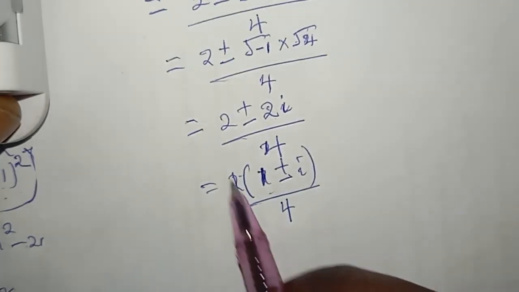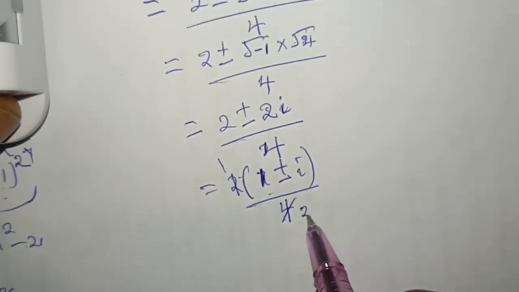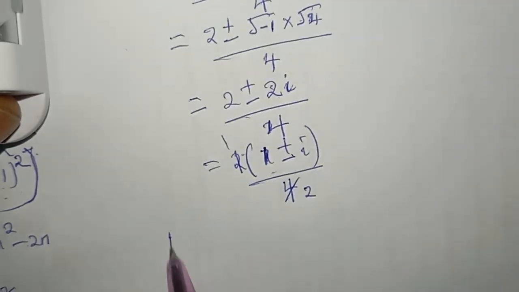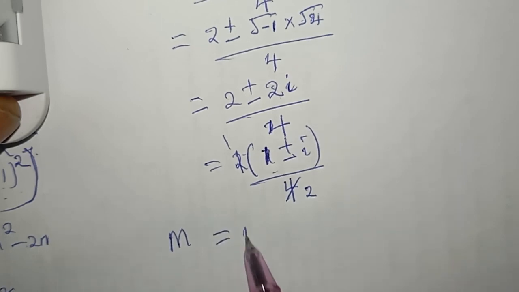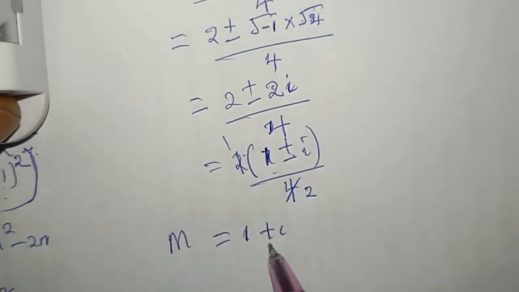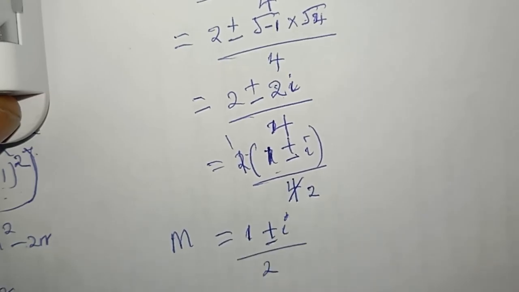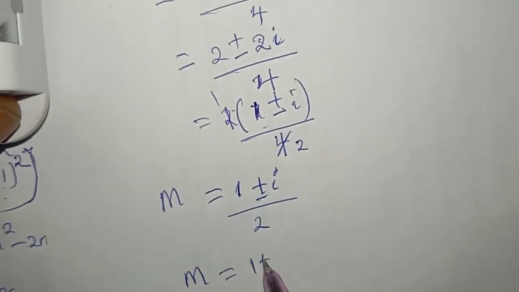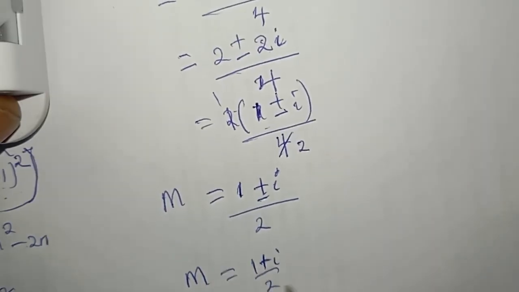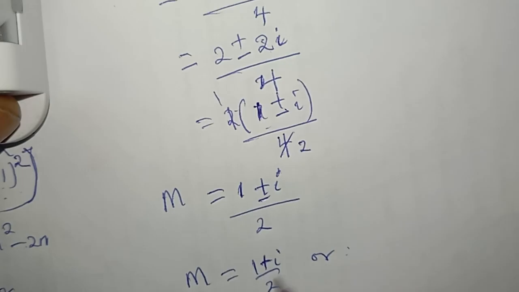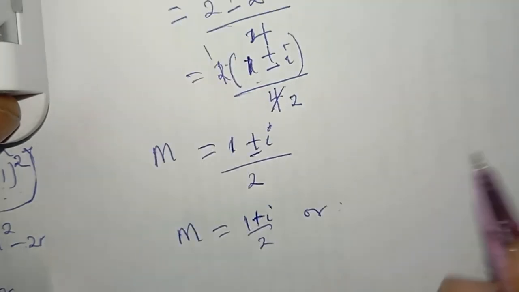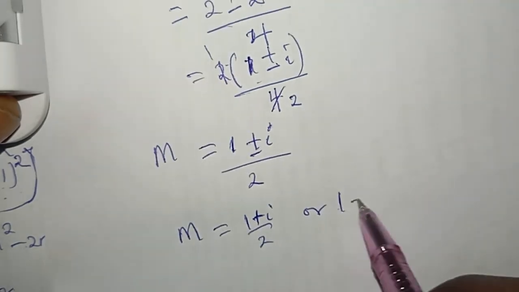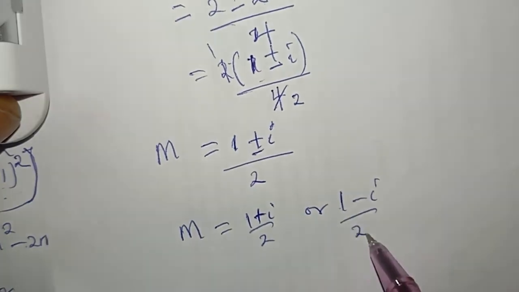These 2 cancel, 1 divided by 2, so that our m is now equal to 1 plus or minus i divided by 2. Obviously our m is equal to 1 plus i divided by 2, or 1 minus i divided by 2.